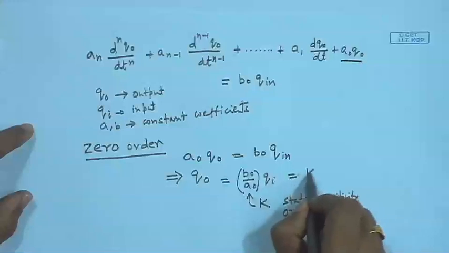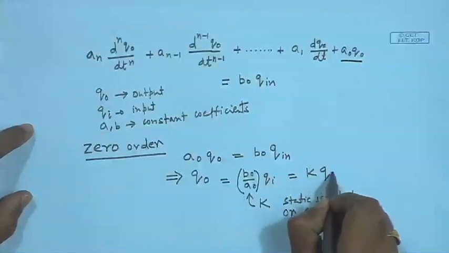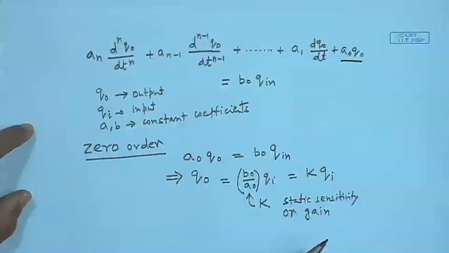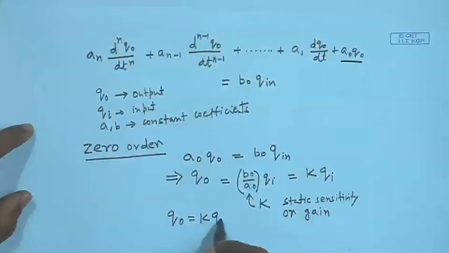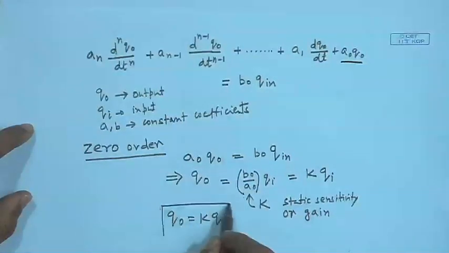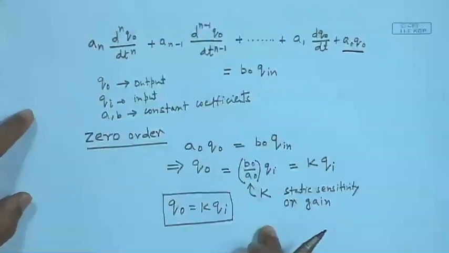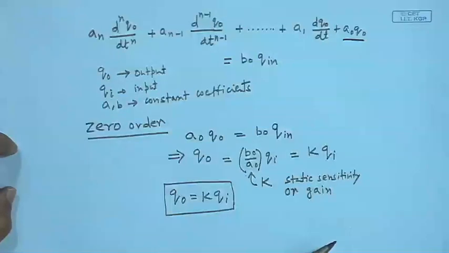So, this becomes K into Qi. So, Q0 is KQi is the model for a zero order instrument.